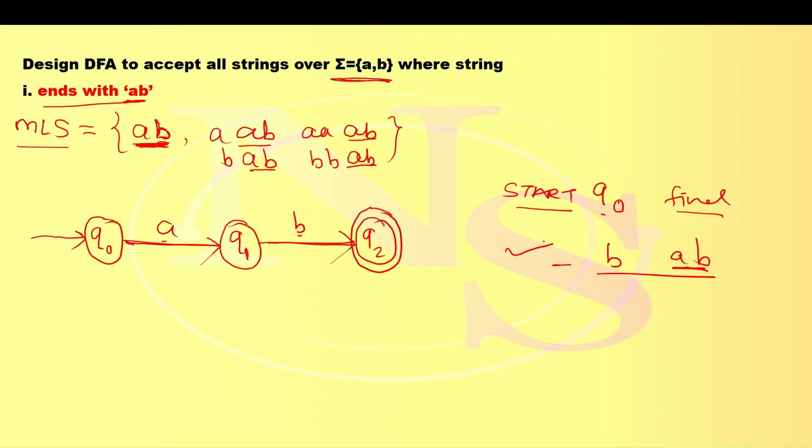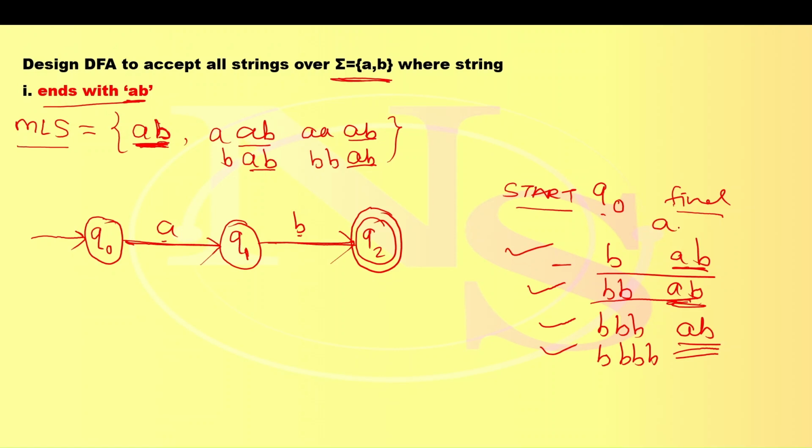Q0 is looking for a single B, or multiple B's are also possible. This AB as it is, Q0 to final. Again check, is this a valid string? Yes, it's ending with AB. Similarly, if multiple B's are coming, maybe 1, 2, 3, 4, but this AB will be as it is. All these strings are valid because all strings end with AB.